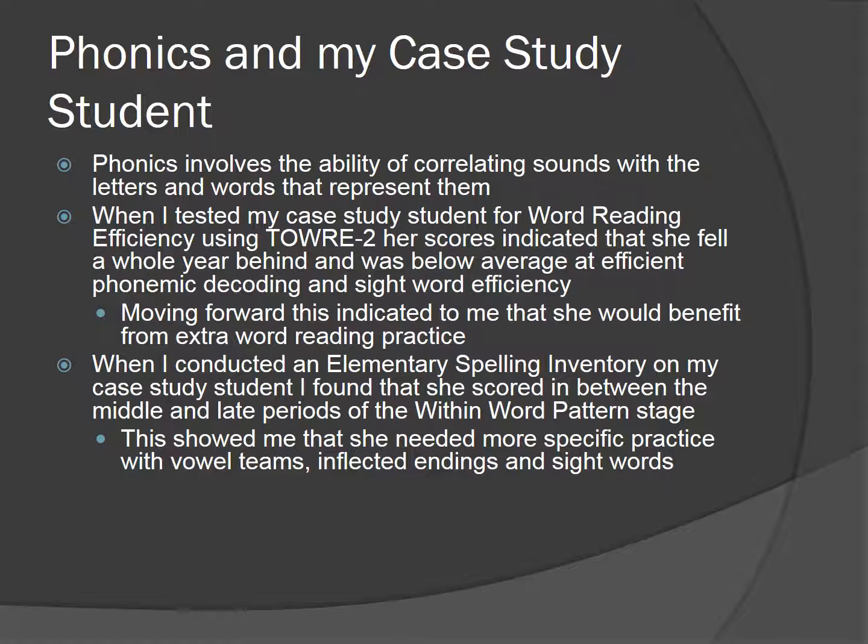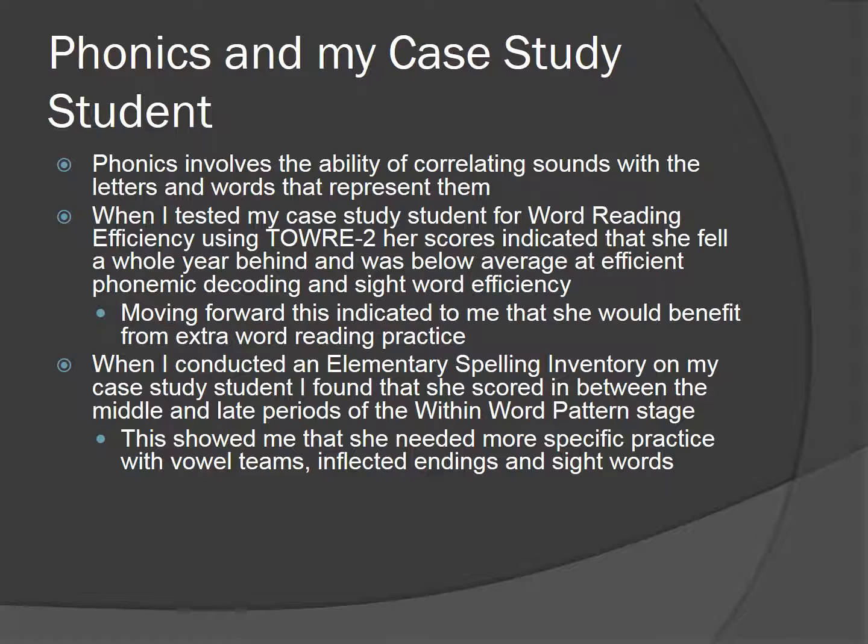I used the TOWRE-2 assessment, where she just had to read certain words to me, and it helped me see where she stood with phonemic decoding and sight word efficiency. Her scores indicated that she fell a whole year behind, and she was below average at phonemic decoding and sight word efficiency. So moving forward, this indicated to me that I should practice extra word reading with her.